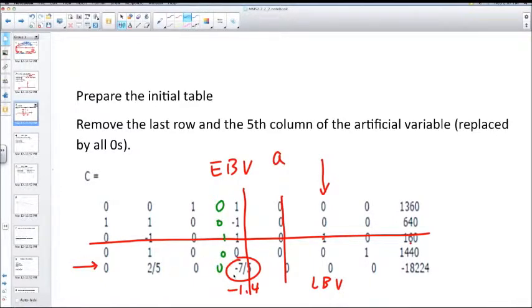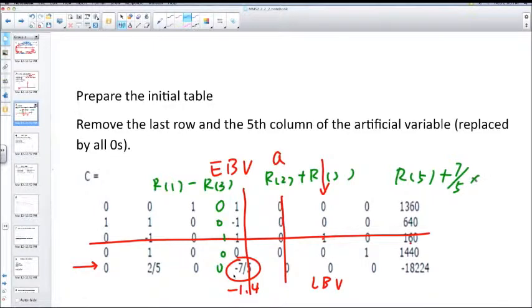So I want the first row minus the third row, second row plus third row, and the fifth row add 7/5 of the third row. That's the operation I'm going to do.